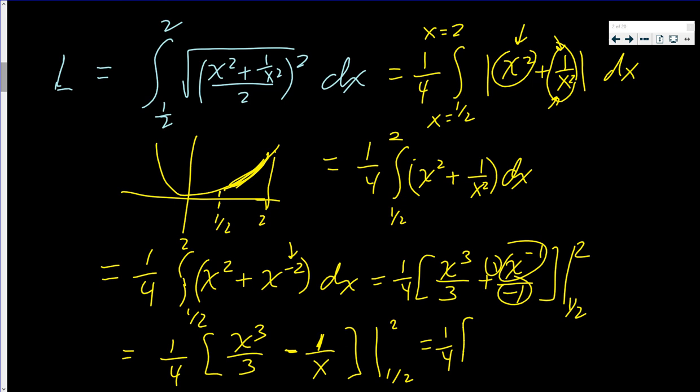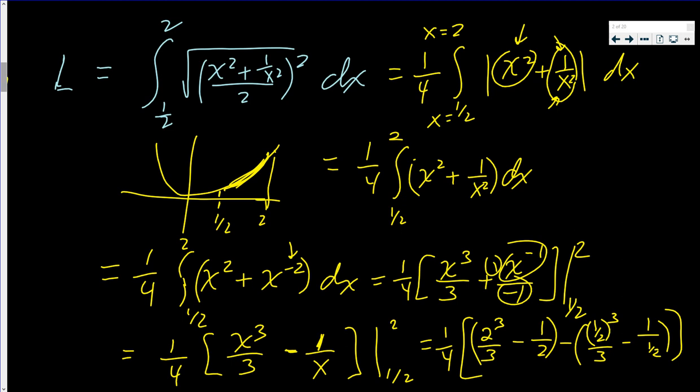The 1/4 comes in front. First I plug in 2. You get 2 cubed over 3 minus 1 over 2. Minus, you plug in the half. Half cubed over 3 minus 1 over our half.